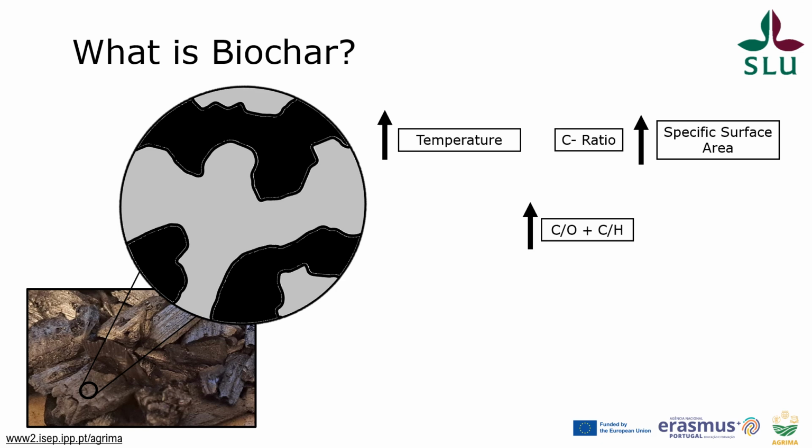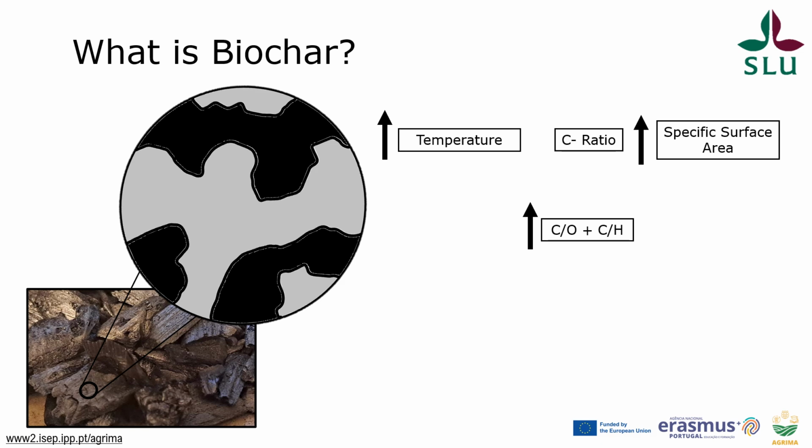Another factor we see with increasing temperature is that the carbon ratio is going up. This in fact leads to a higher carbon to oxygen ratio and a carbon to hydrogen ratio. So what does it mean? These ratios tell us a bit about what is on the surface of the biochar.